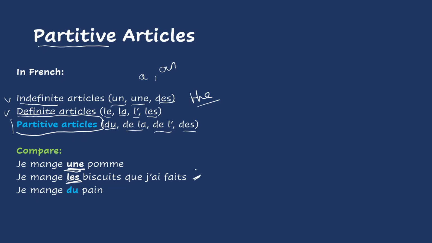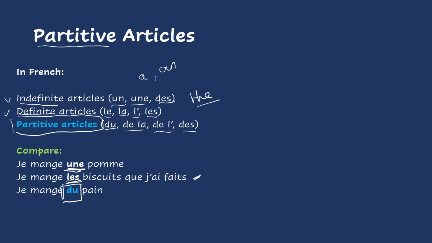If you want to say I eat bread, I eat some bread, you are going to use the partitive article here, du. So when you say I eat some bread, we don't know what type of bread, we don't know how much bread you are eating. It's just some bread. It's undefined here.